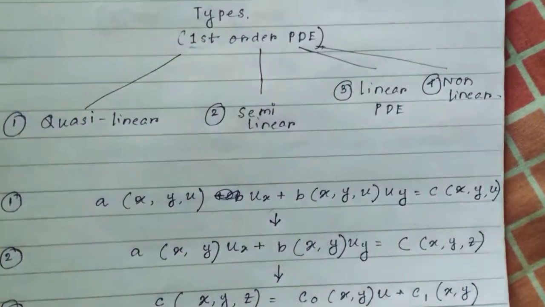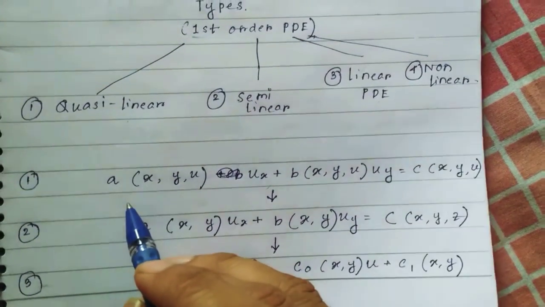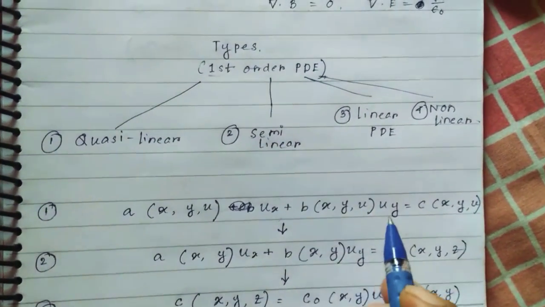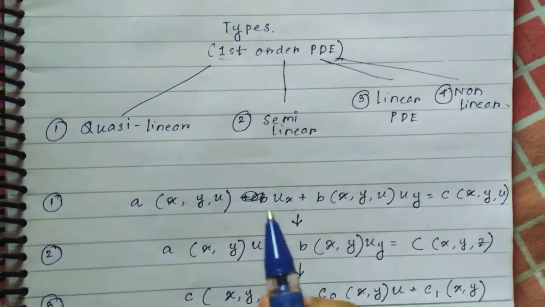Okay, so whenever any first order PDE can be written in this form, this first order PDE is called a quasi-linear PDE.